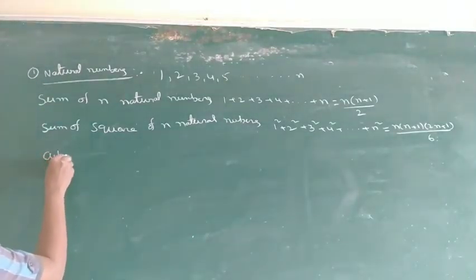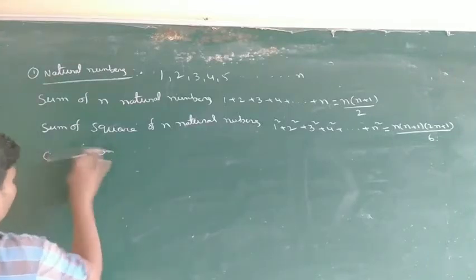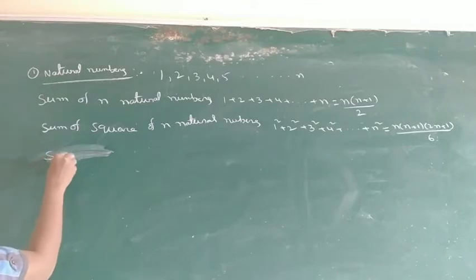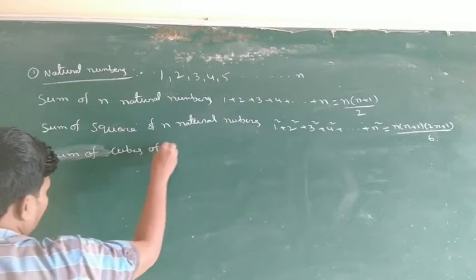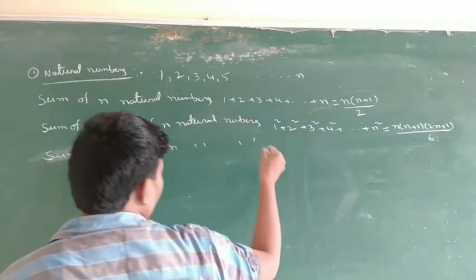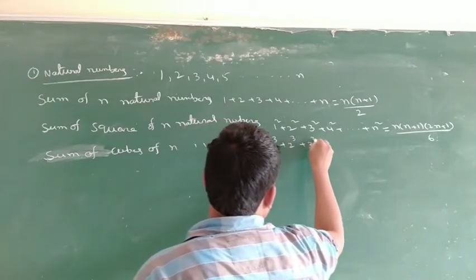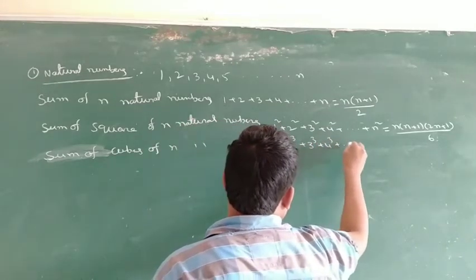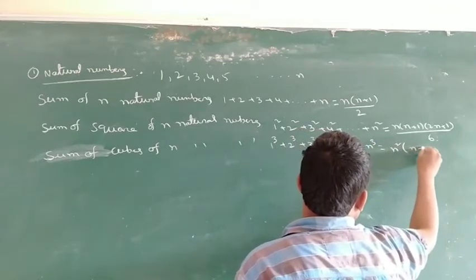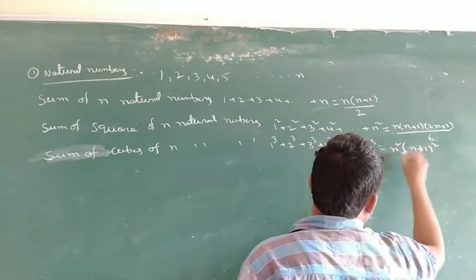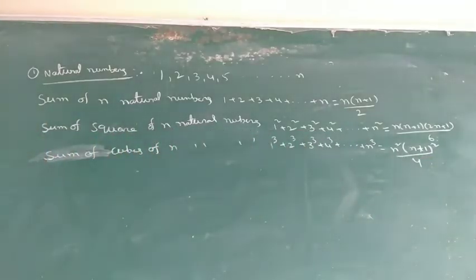Sum of cubes of n natural numbers: 1 cube plus 2 cube plus 3 cube plus 4 cube and so on plus n cube is equal to n square into n plus 1 whole square by 4.